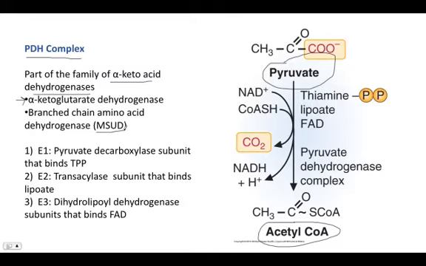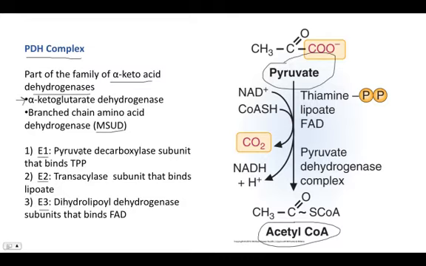Common to all of these enzymes is the presence of these three subunits, E1, E2, and E3. And it's the coordination of reactions between these three subunits within the enzyme which allows for the conversion of pyruvate to acetyl-CoA through the passing of electrons through each of these subunits.